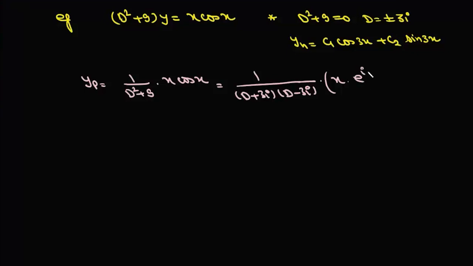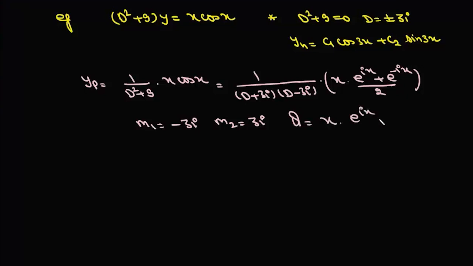So we can write this as (e to the power iota x plus e to the power minus iota x) whole divided by 2. Now here m1 is minus 3 iota, m2 is 3 iota, and q is x into (e to the power iota x plus e to the power minus iota x) whole divided by 2.